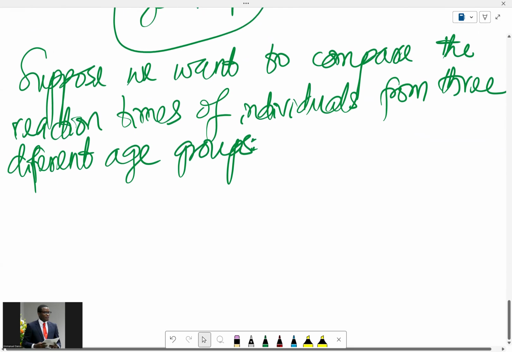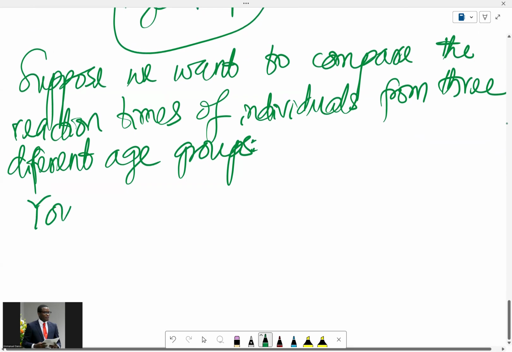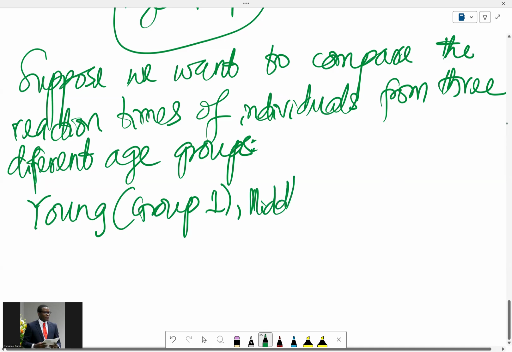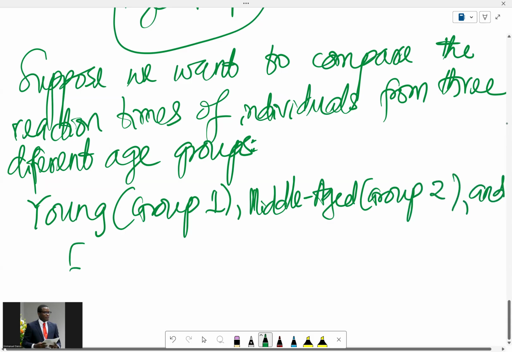Okay, we have the young, that is group 1. We have middle-aged, which is group 2. And we have the elderly, which is group 3.